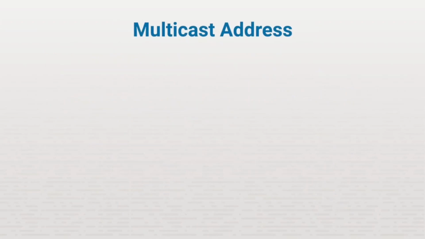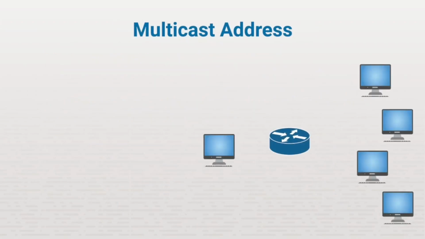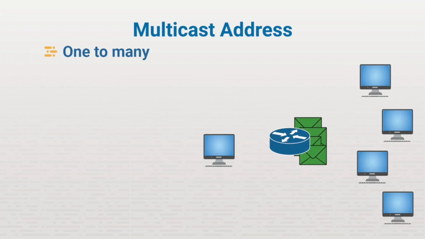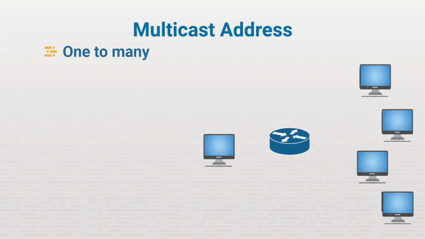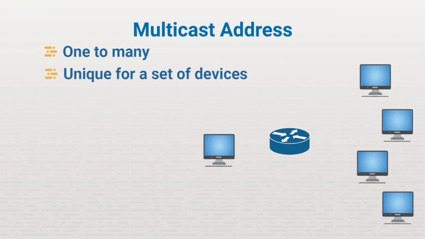Next, we have multicast addresses. Like IPv4, IPv6 also uses multicast addresses to represent a dynamic group of hosts. Packets sent to a multicast address are sent to all interfaces with that specific address. By using a different multicast address for different functions, only the devices that need to participate in a particular function respond to the multicast.